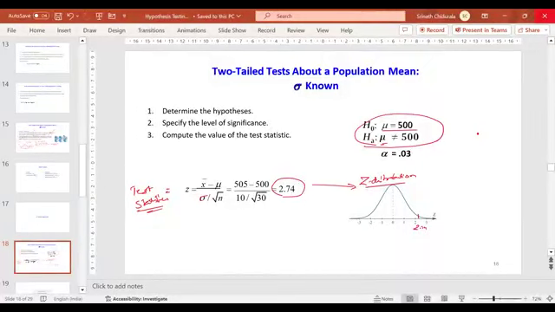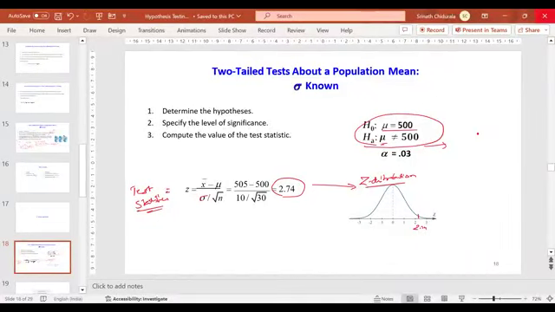It's 2.74. And here in the two-tail test, what we are doing is dividing this alpha on either side. In the one-tail test, the entire error was on one side of the tail, either on the lower side or on the upper side, because in those scenarios my alternate hypothesis was either greater than or less than.